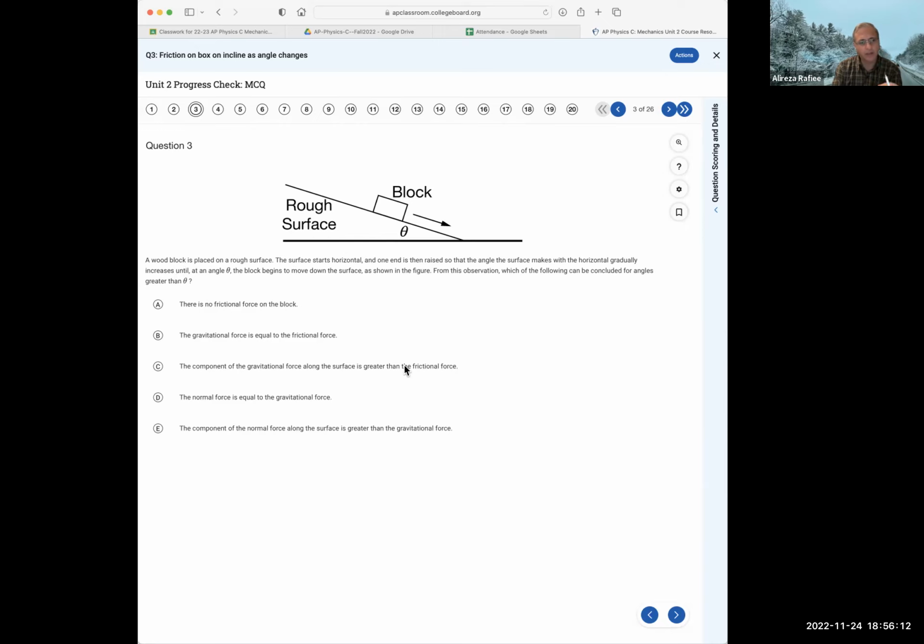So you slowly bring it up until it reaches theta. The block begins to move down the surface at some angle. Okay. First of all, does it say anywhere if there is friction? It's a rough surface. Oh, it says a rough surface. Does it say it?